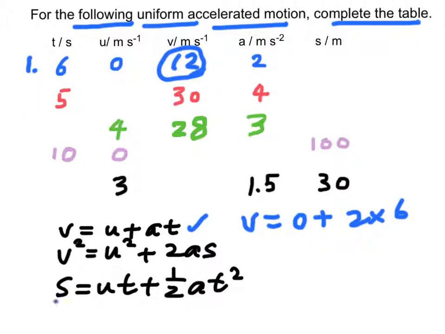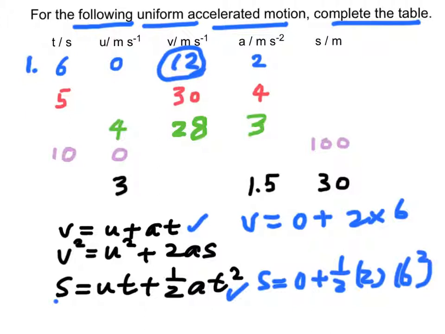By s equal to ut plus half at squared, we have s equal to 0 plus half times 2 times square of 6. Therefore, s equal to 36 meters.